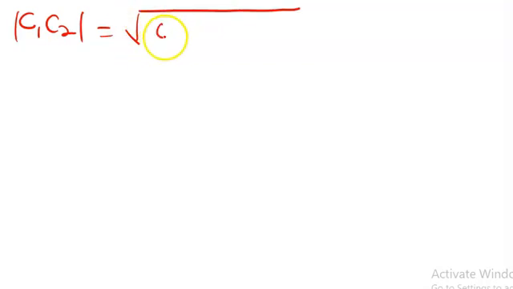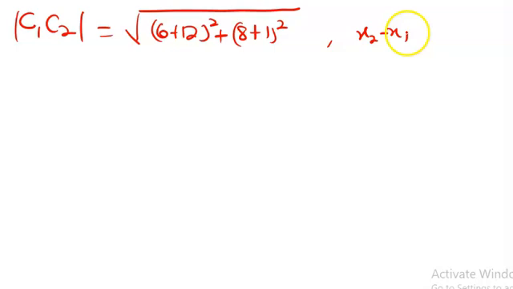So we want to find the distance C1C2: square root of 6 plus 12, all squared, plus 8 plus 1, all squared, using the formula square root of x2 minus x1 squared plus y2 minus y1 squared.